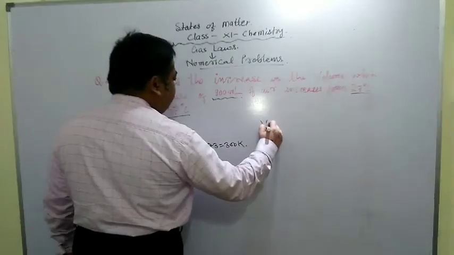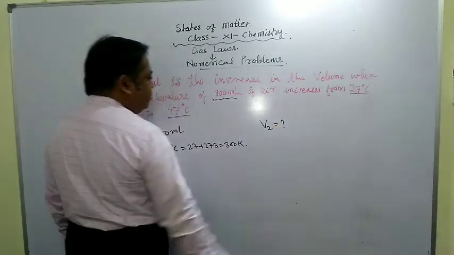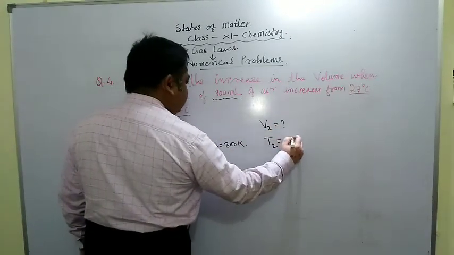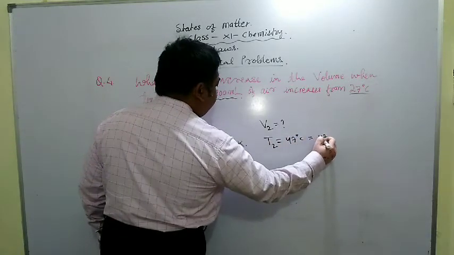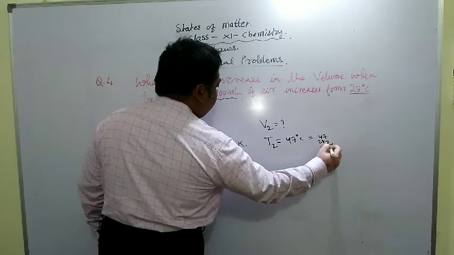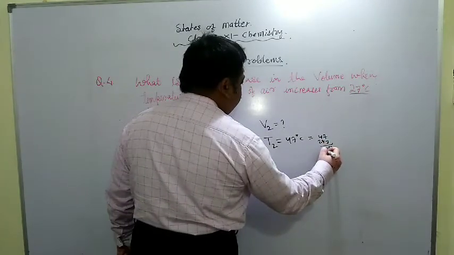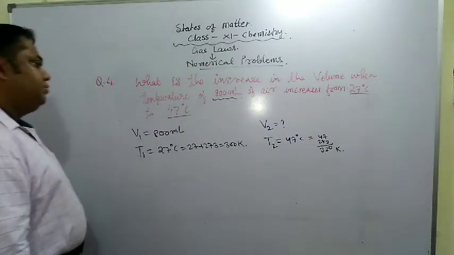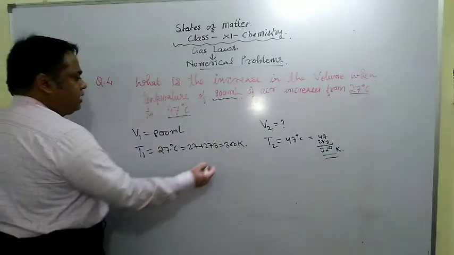We have to find out change in the volume. So first of all, we will find out volume V2 for temperature T2 equal to 47 degrees C, that means 47 plus 273 equals 320 Kelvin. Temperature we will always take in absolute scale, that is in Kelvin.